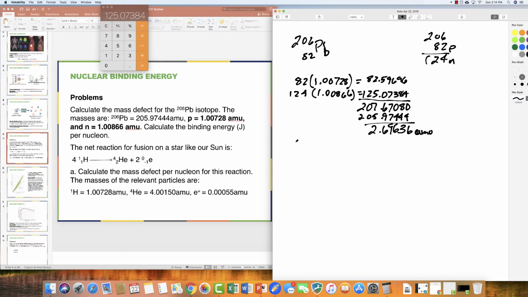And then if we put that in the equation, E equals mc squared, then E is going to equal 2.69636 times c, which is 3 times 10 to the 8th meters per second, and we square that, so that's going to be 9 times 10 to the 16 times this number right here.